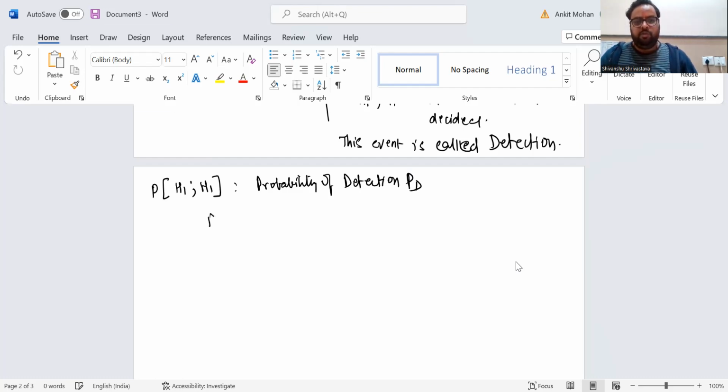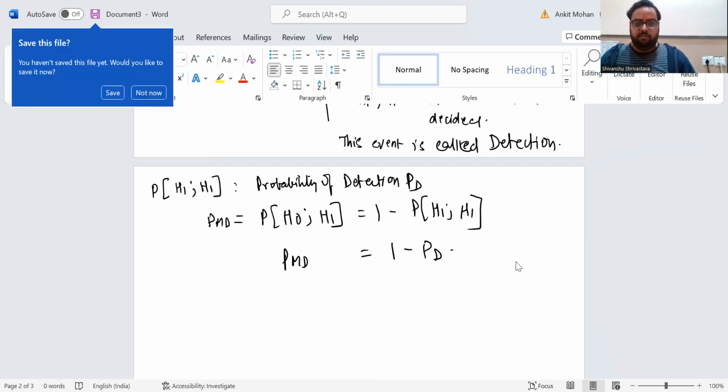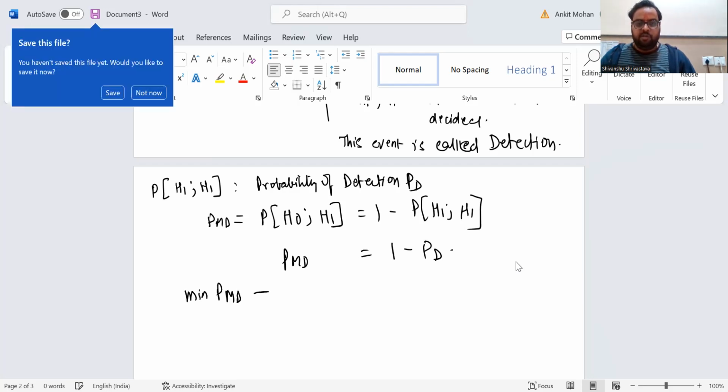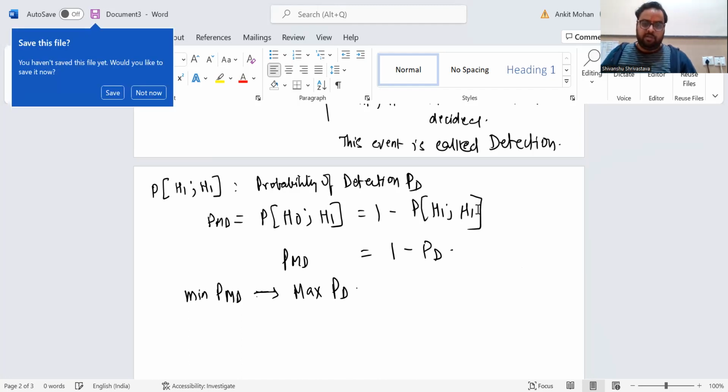PD. We know that the probability of misdetection is 1 minus the probability of detection. So when I say that I want to minimize the probability of misdetection, that is equivalent to maximizing the probability of detection, isn't it?